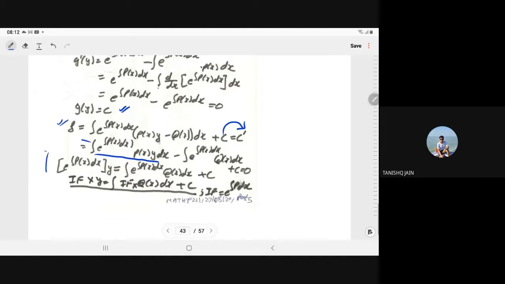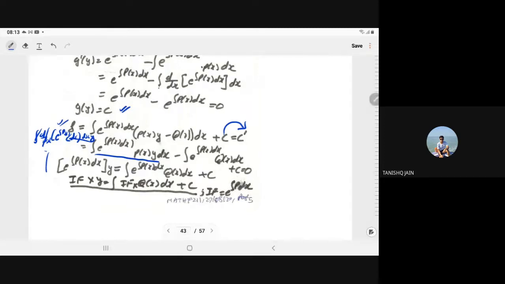Means this can be written as integral d/dx of the e to power integral P(x) dx into y dx. So integral and this differentiation will cancel out. So here we have the e to power integral P(x) dx into y.